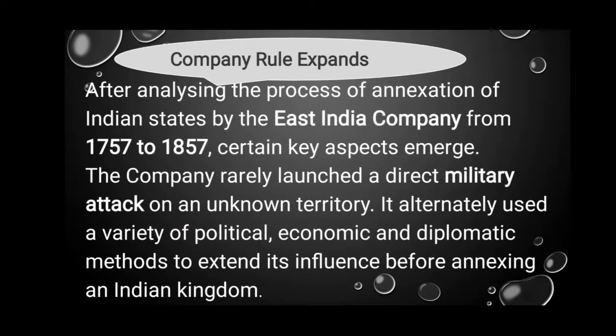The third point: it used a variety of political, economic and diplomatic methods to extend its influence before getting a kingdom under its control. These three points were mainly used for expanding the company.